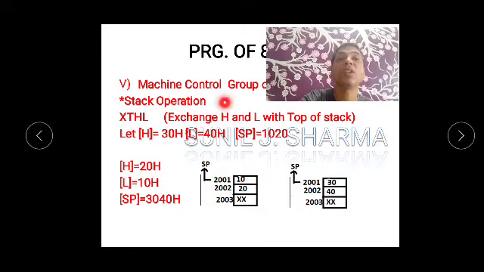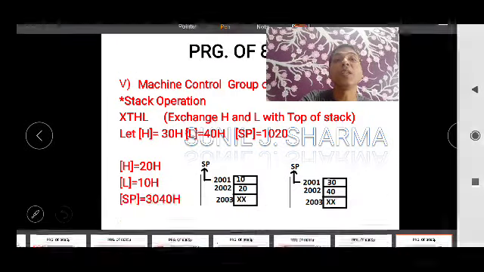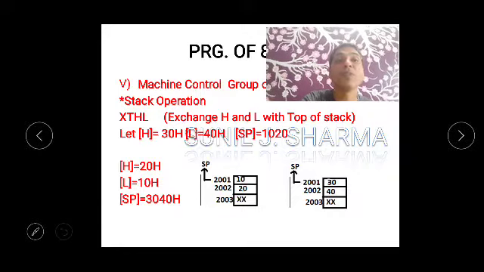Now can you see here, one minute. The initial values at the stack pointer location are 10 and 20. So the H value will be given to this, and the L value is given here.